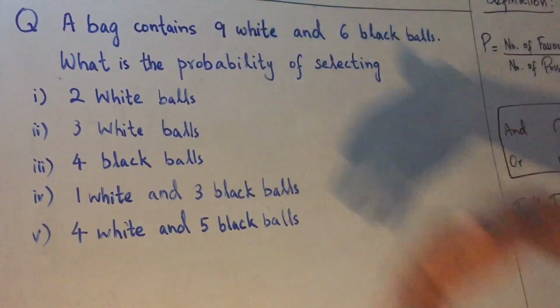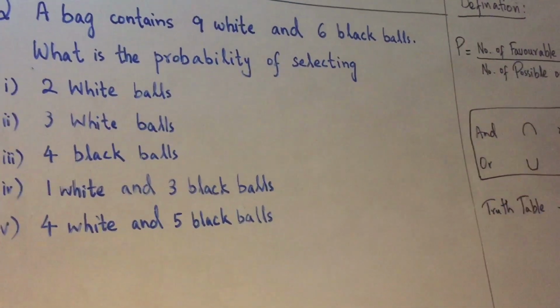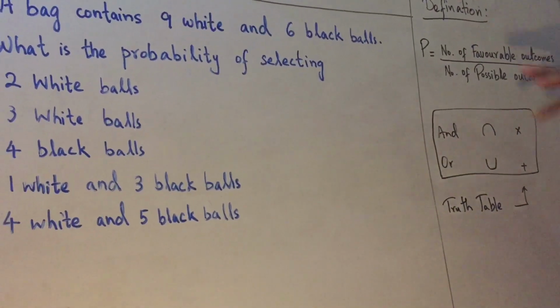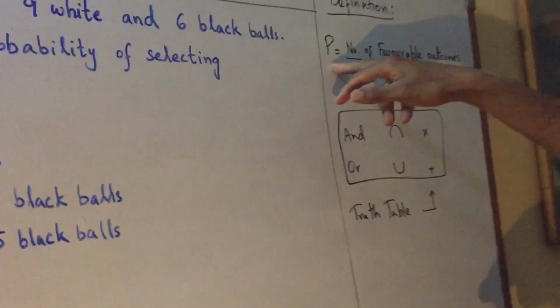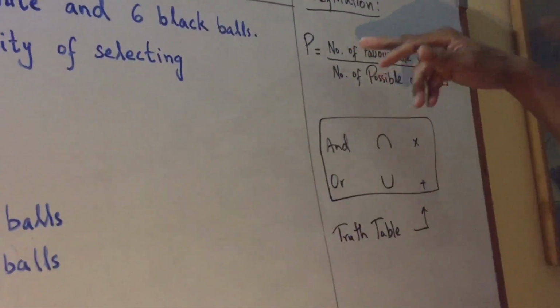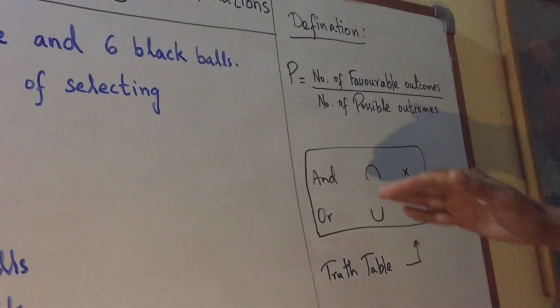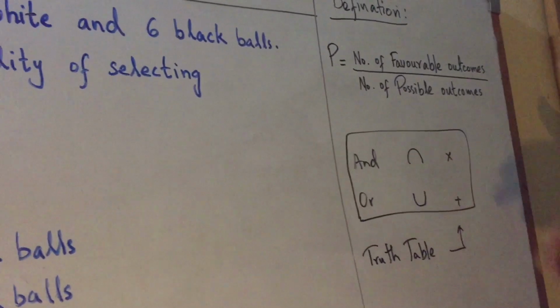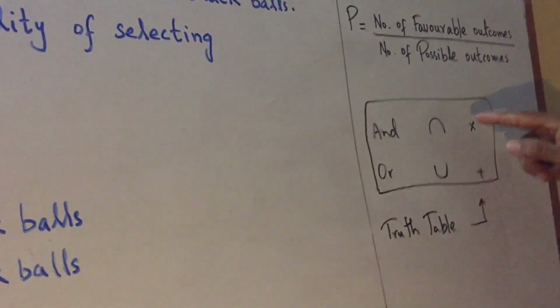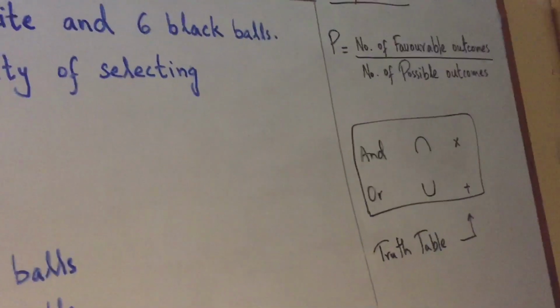Before solving this problem, we should review something. We know the definition of probability: the probability is a ratio between the number of favorable outcomes divided by the number of possible outcomes. We are familiar with these symbols we use in truth tables.